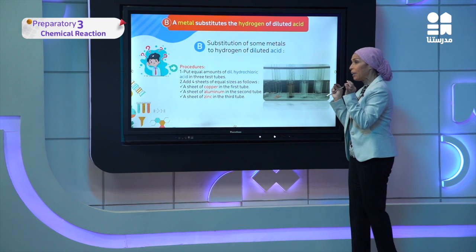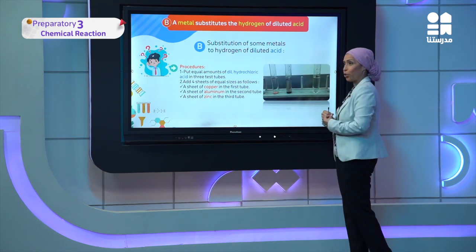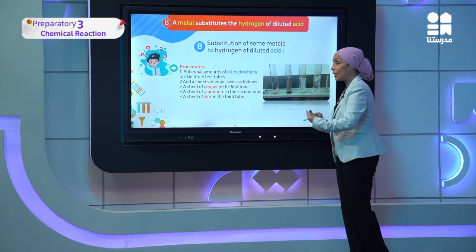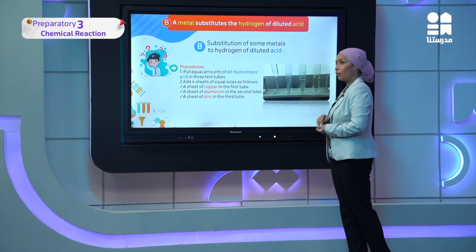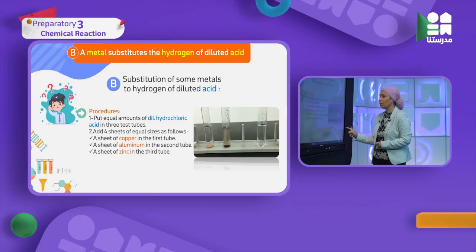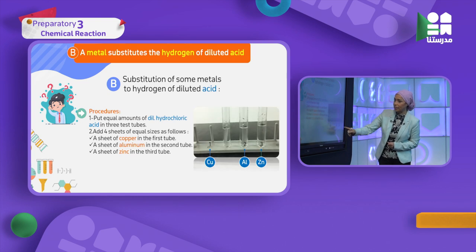So it takes a second to remove this layer by the acid and then the reaction starts. So عشان كده الزنك will start immediately and then after it the aluminum. But both are active. I kick the hydrogen out. So here's the copper and the aluminum and the zinc, and we can see the reaction together.